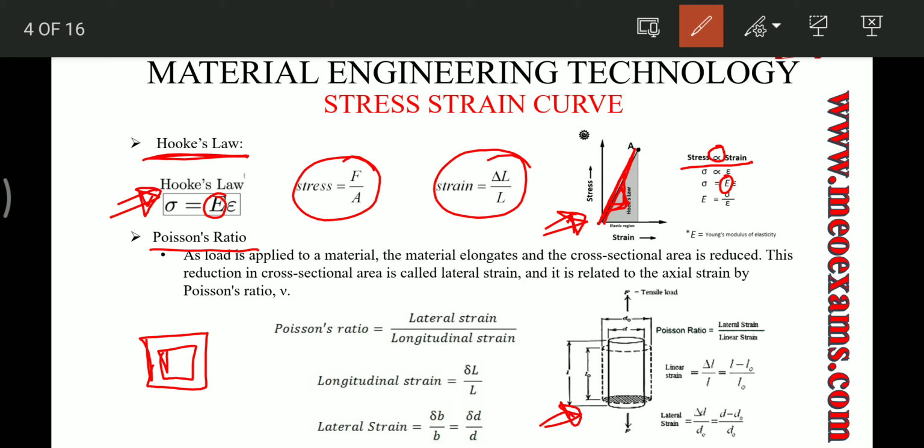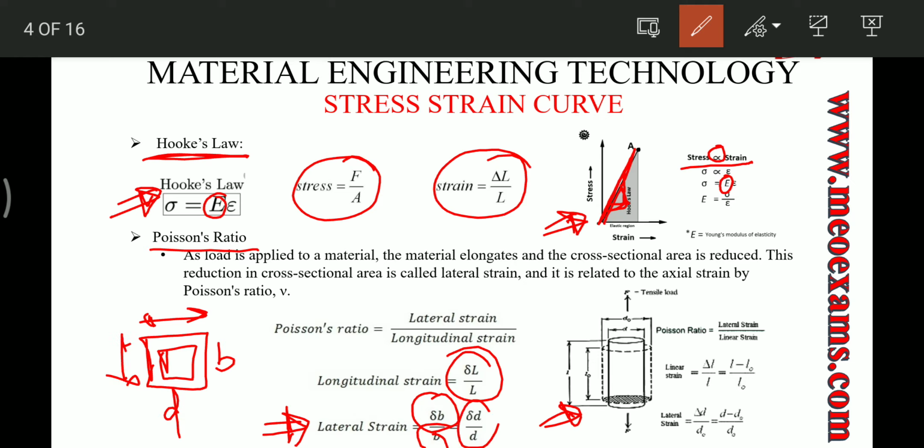We already know the strains which are produced in the linear direction are calculated as delta L by L, but as the area of cross section decreases, there will be strain in the lateral direction also. Okay friends, they are calculated the same way, delta B by B. If this is B and this is D, then in this direction it will be delta B by B, and in this direction it will be delta D by D.